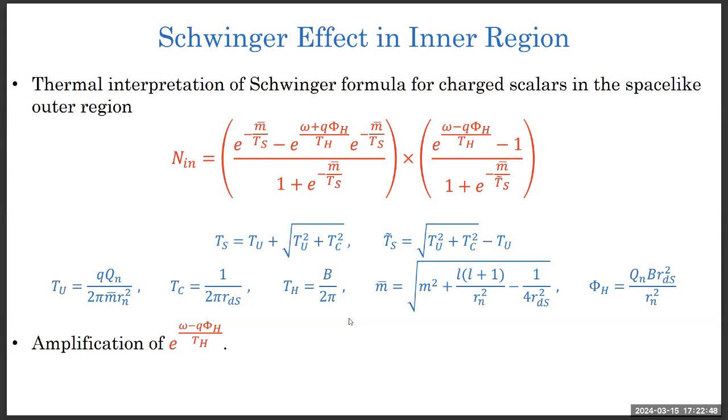Now in the inner region, as you see, there is no such kind of bosonic condensation. On the other hand, we have the exponential amplification factor, just because the Hawking temperature is small, now omega minus the chemical potential for electric charge. So we have an amplification factor.